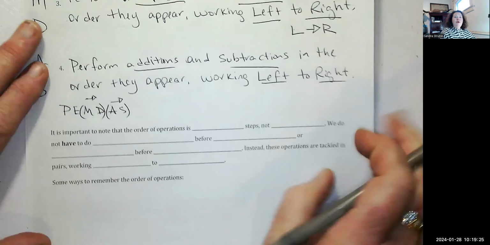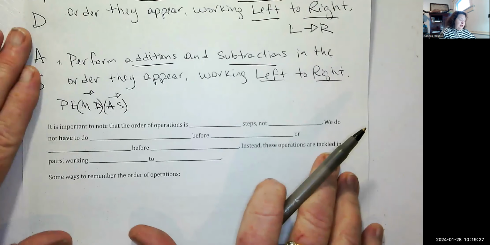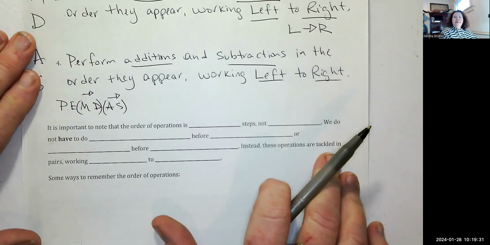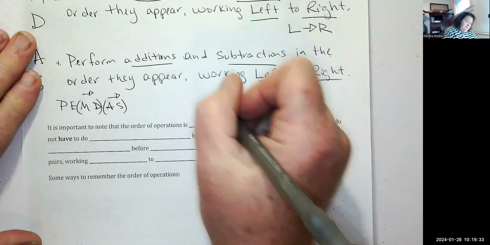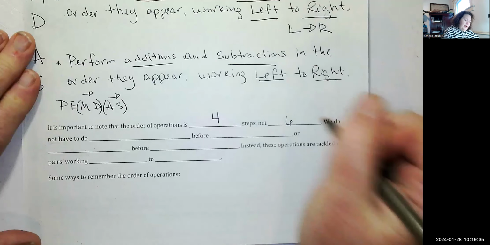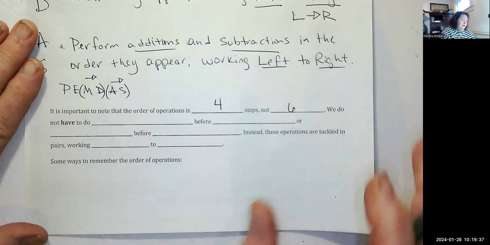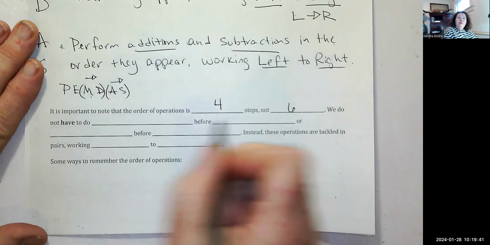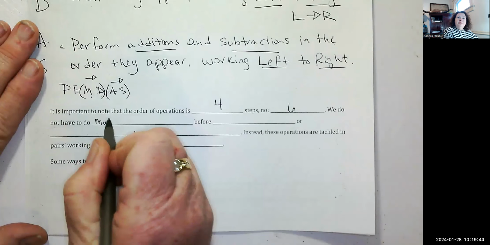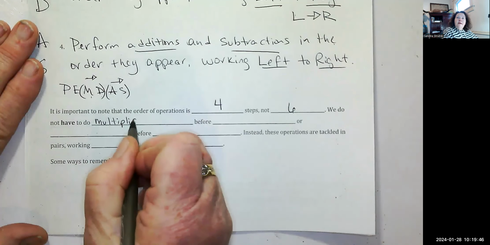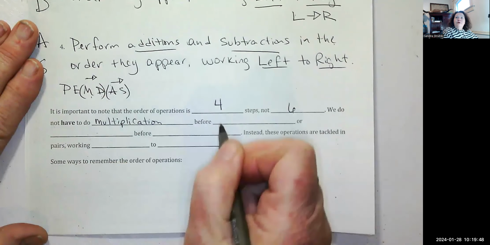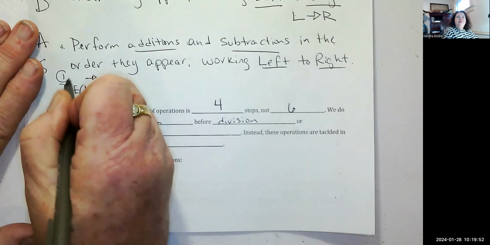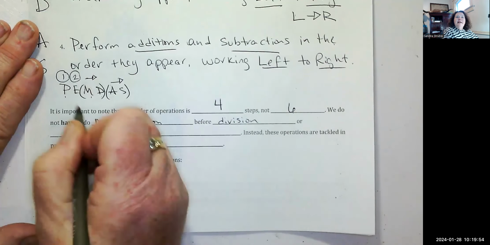All right, it's important to note that the order of operations is 4 steps, not 6. We do not have to do multiplication before division. Here, the first step is parentheses. The second step is exponents.